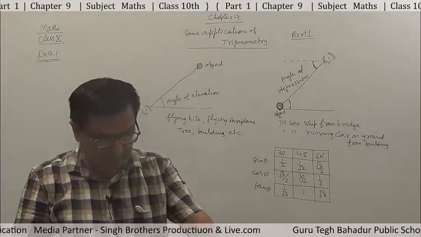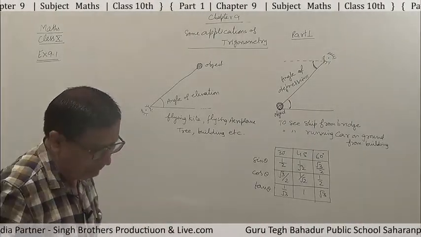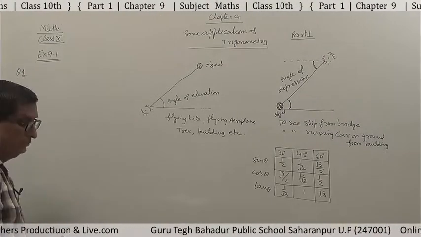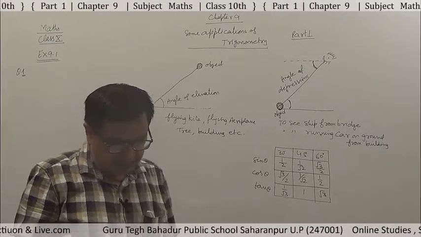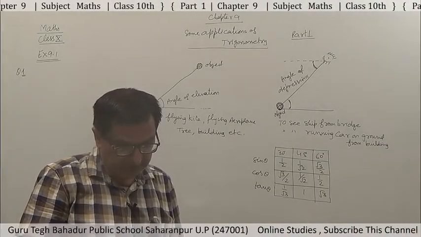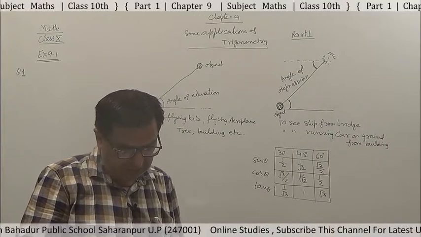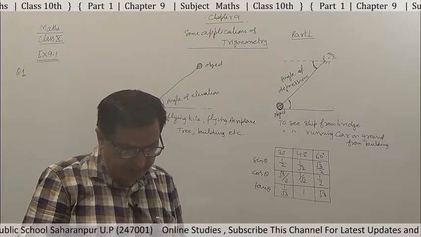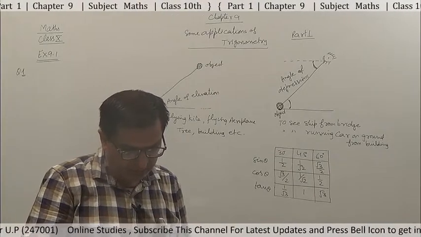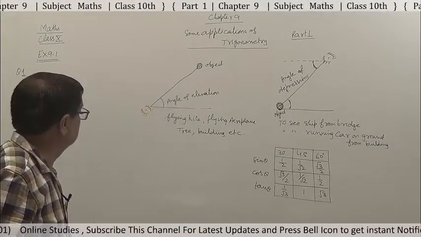Question number 1. A circus artist is climbing a 20-meter long rope which is tightly stretched and tied from the top of a vertical pole to the ground.